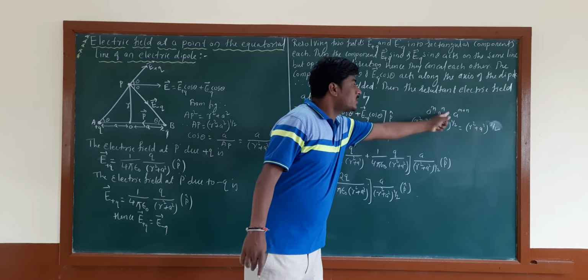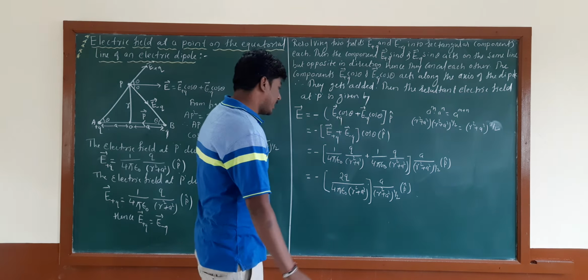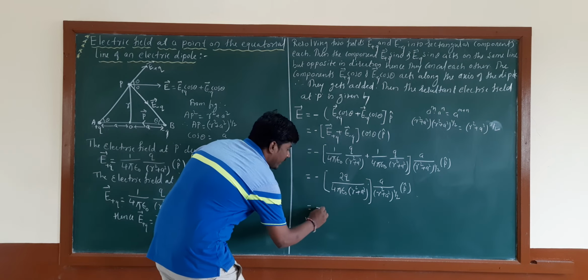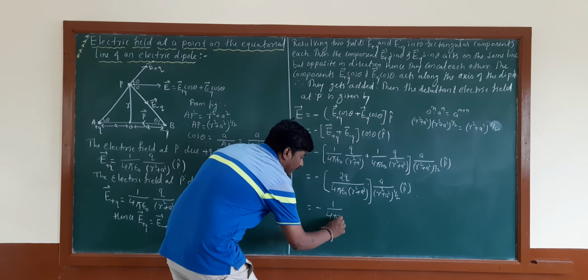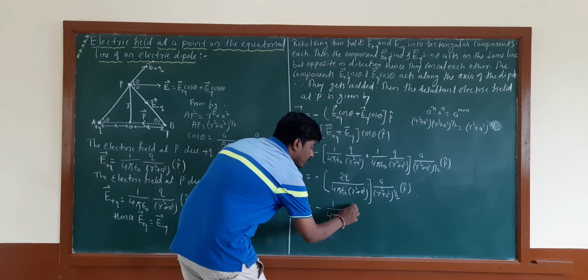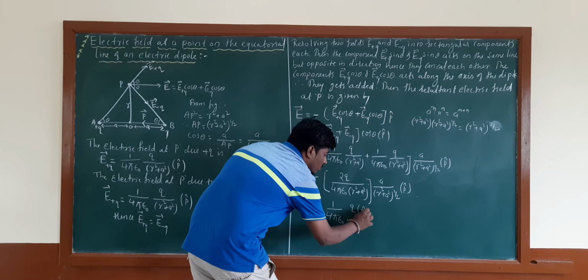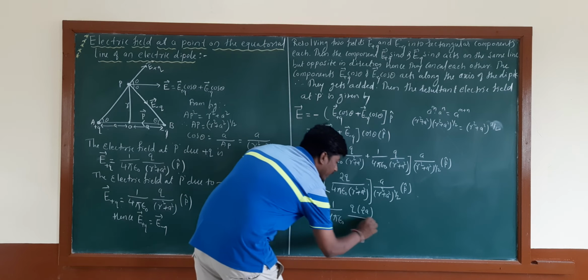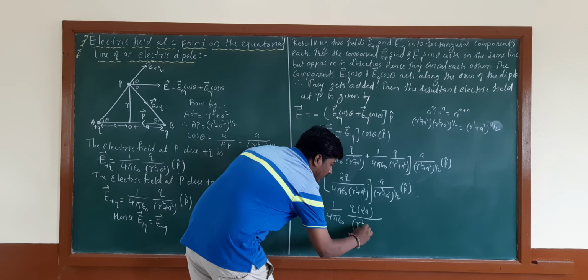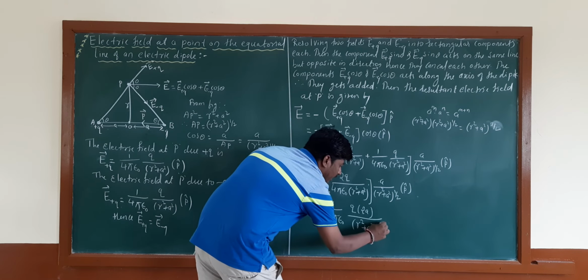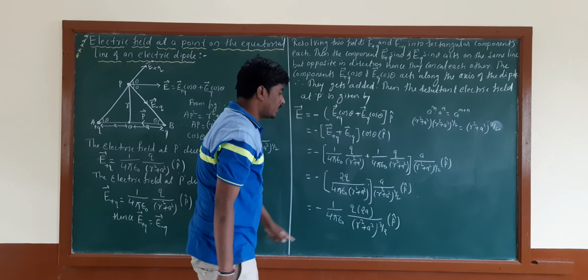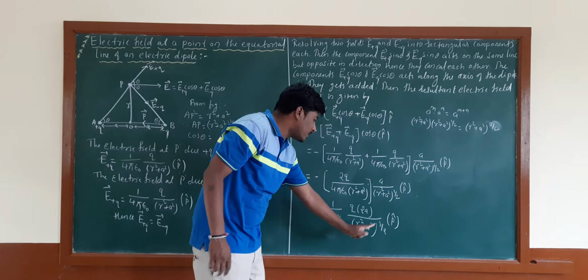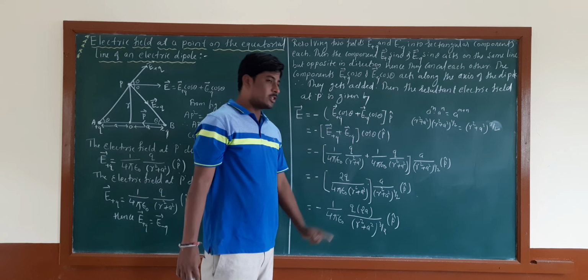So 1 plus 1 by 2 is nothing but 3 by 2. So I will write directly minus 1 by 4 pi epsilon naught Q into 2A divided by R square plus A square raised to 3 by 2, P cap.